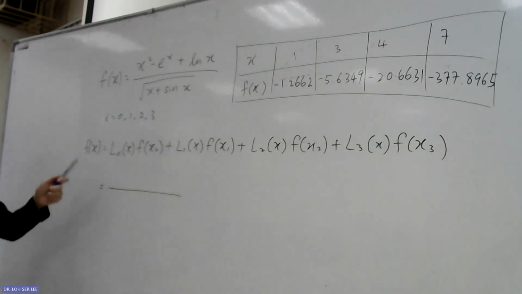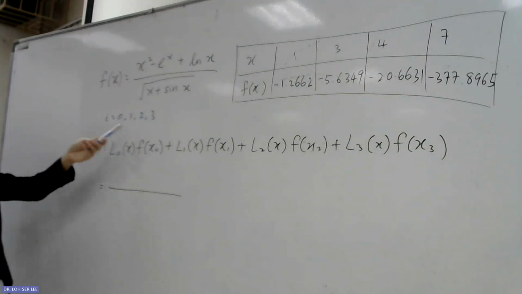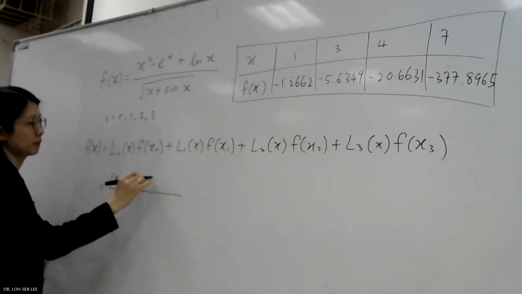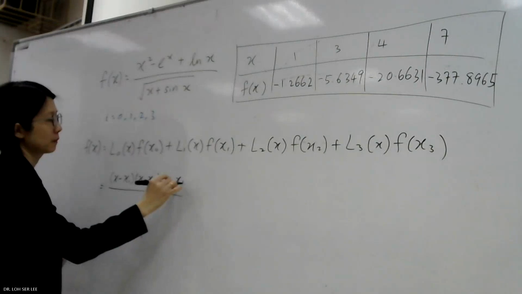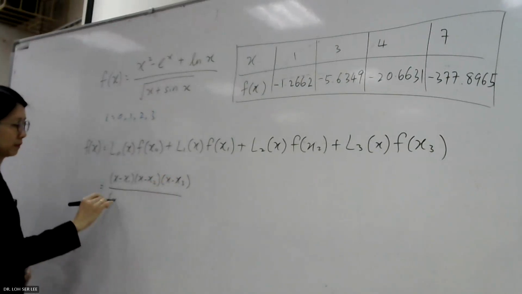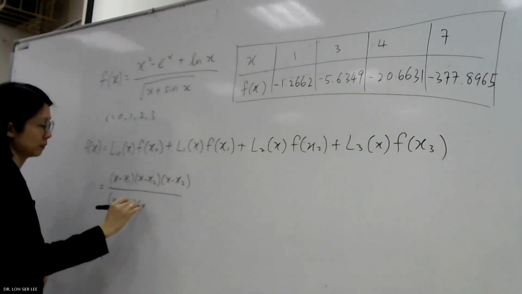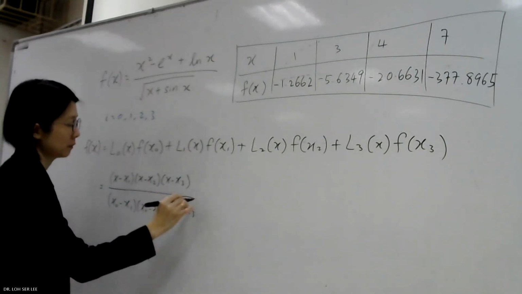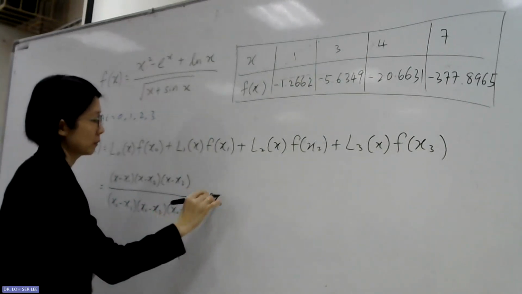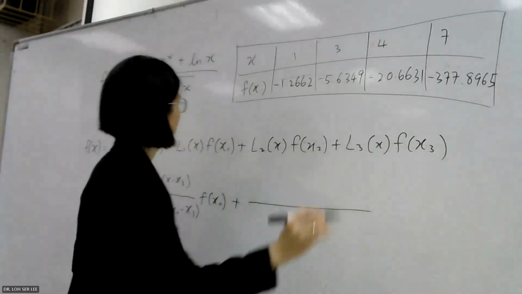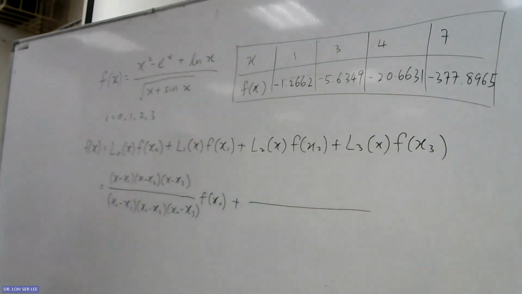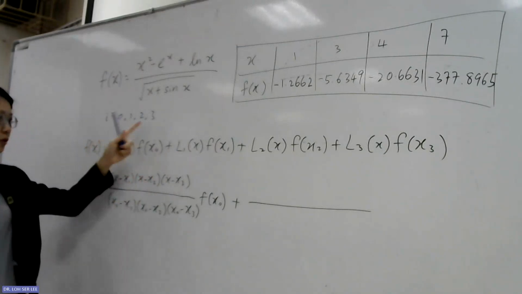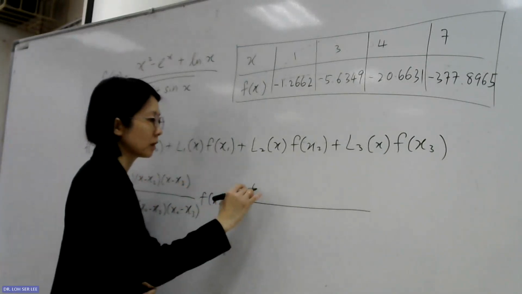When i is 0, that means your j will be 1, 2, 3. When i is 1, j will be 0, 2, 3.